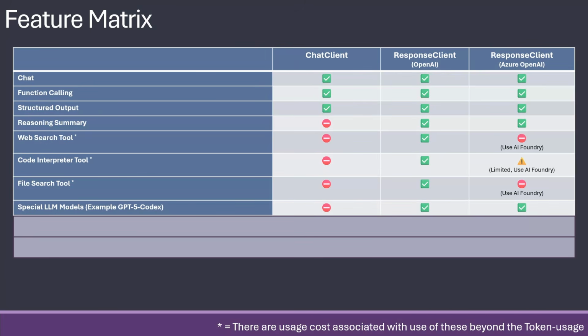It's not going away, but they want everyone to go slowly to the Responses client because that's where they actually write new code. So this is the first model that actually can't run with the Chat Client. I think it's a political limitation more than a technical limitation that it cannot run there. But it is possible to work with it using the Responses client.